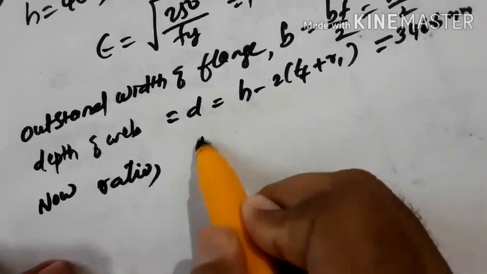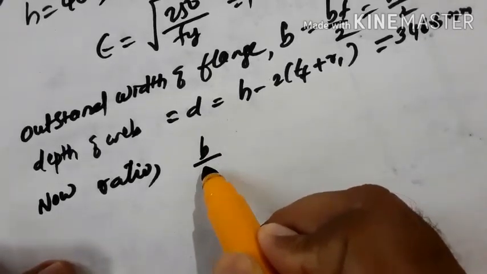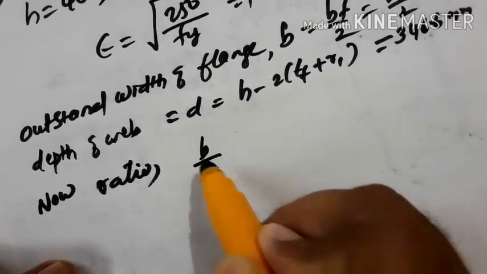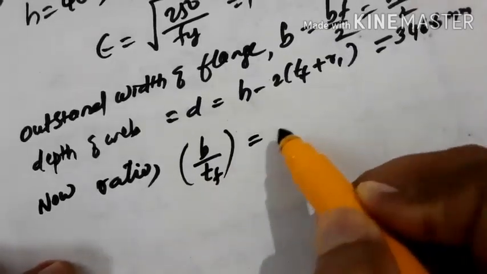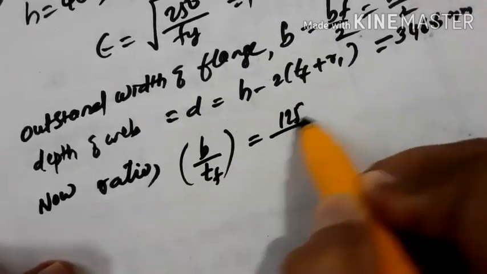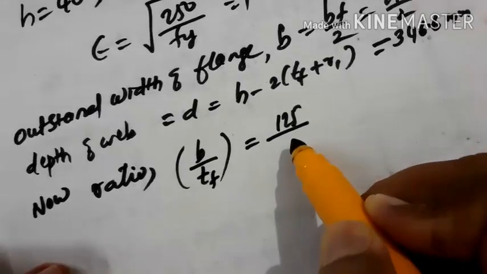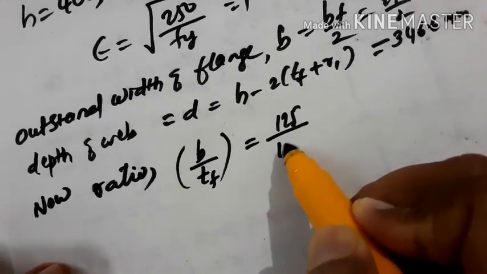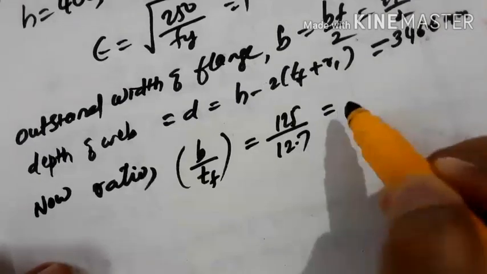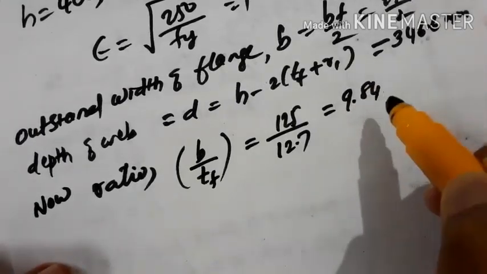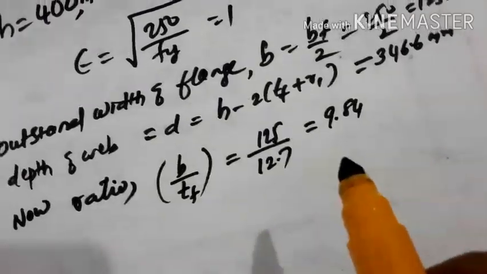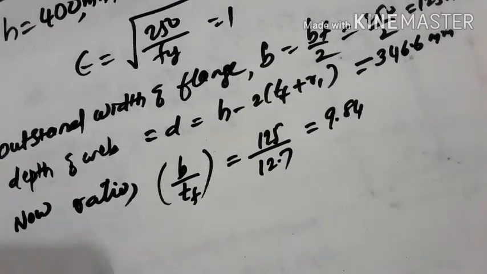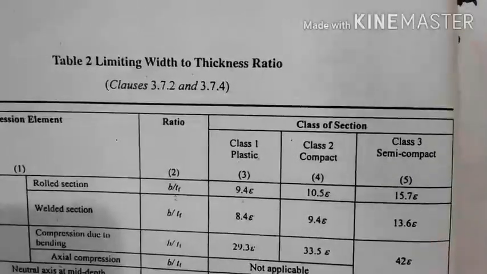Now calculate the ratio. The first ratio I calculate is width to thickness of flange. First I'll take the flange element. The flange element I'm taking 125 by 12.7. You will be getting 9.84. Again this 9.84 you have to compare with Table 2 of IS 800 2007.